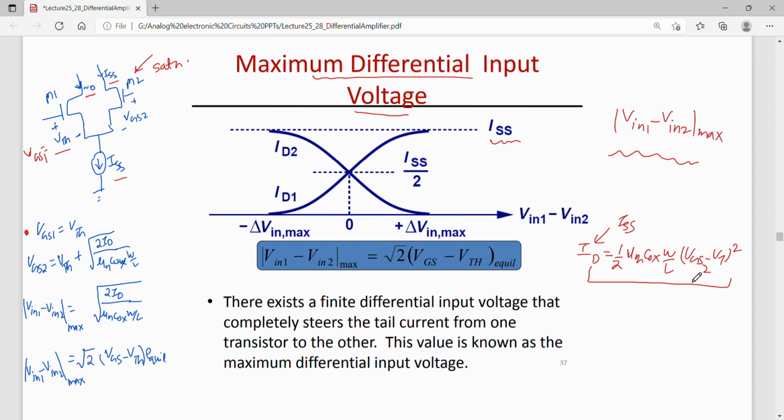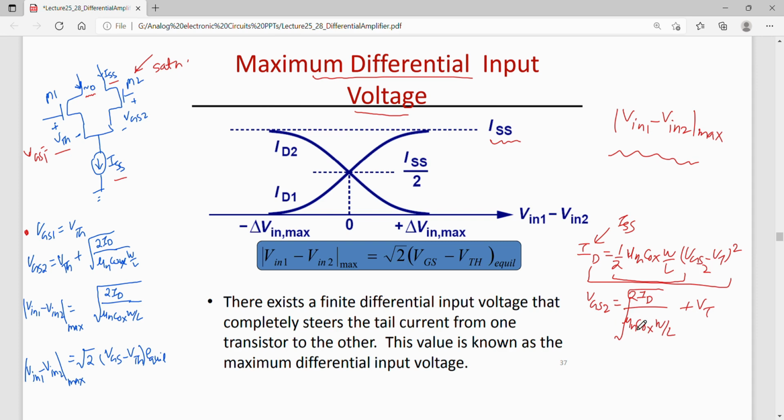So if I try to find out VGS2, VGS2 would be root of ID by this term. In fact 2 will also go here, so 2 ID by mu n Cox W by L, this will come down, and square root of this, VGS minus VT whole square, and then VT I'll bring here, so this will be plus VT.